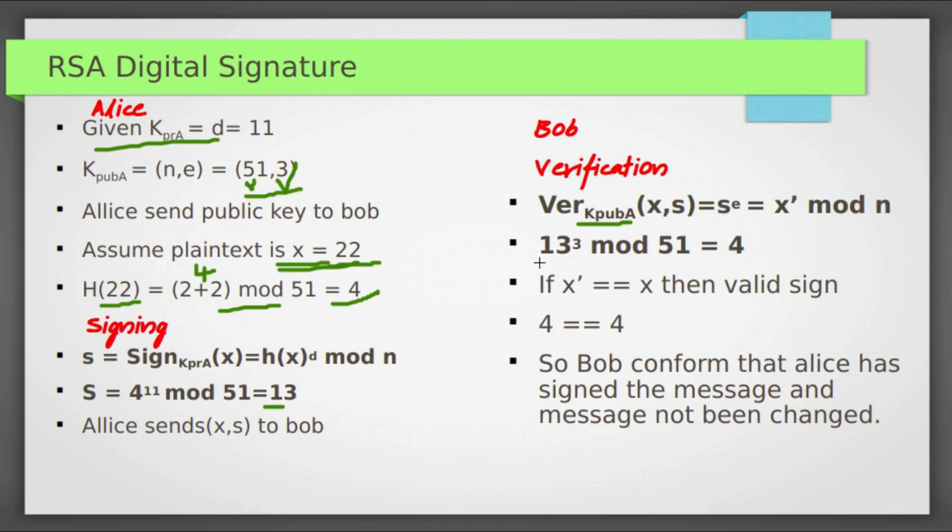Bob will calculate 13 power 3 mod 51, which is 4. This result 4 is equal to the hash of the message, 4. So Bob confirmed that Alice has signed the message and the message has not been changed.